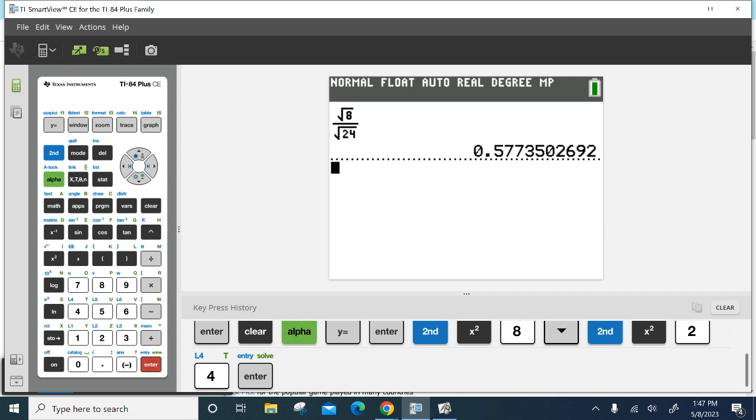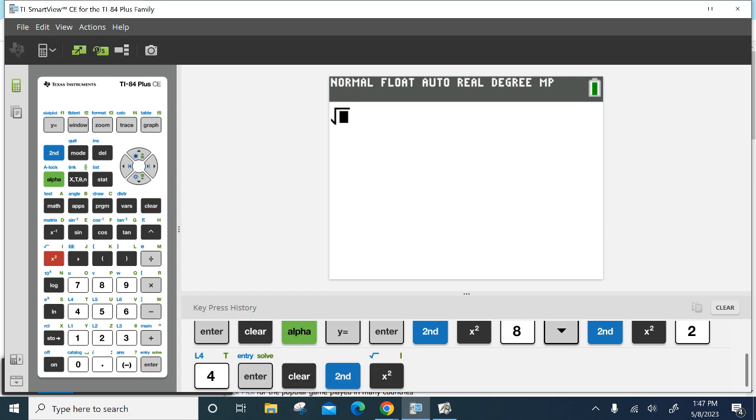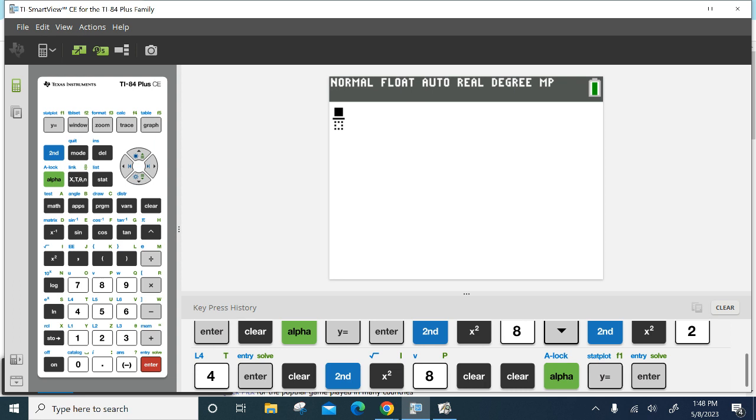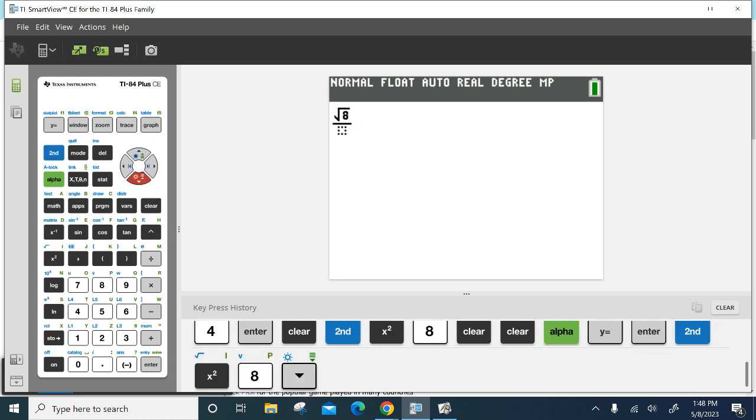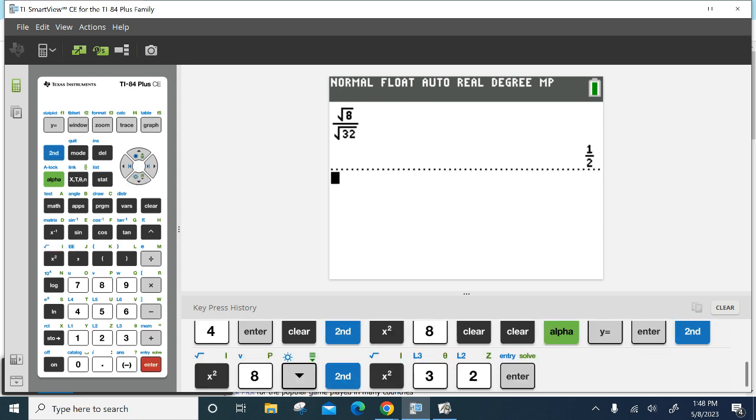And 21. 8 over 32. All right, now I'm rattled. Let's try 8 over square root 32. There we go. So side ratio, similarity ratio, 1/2.